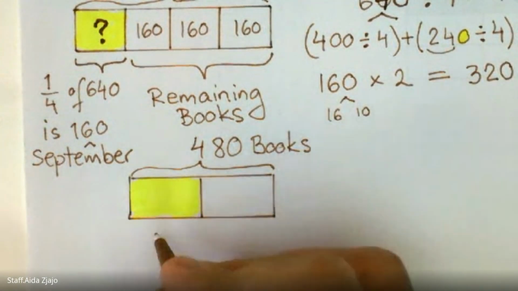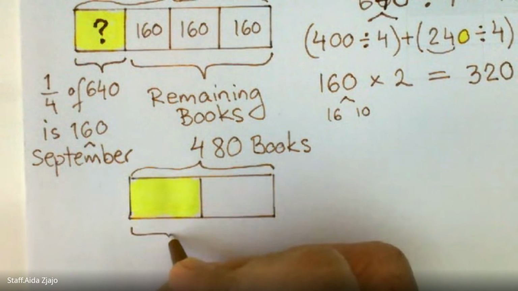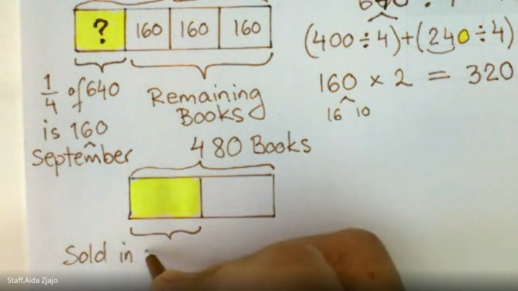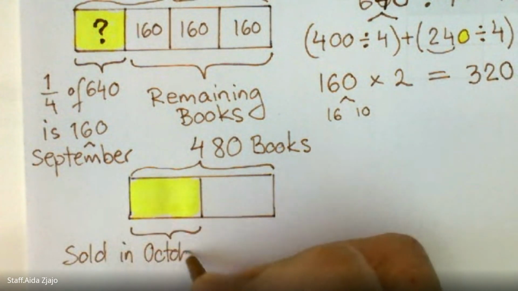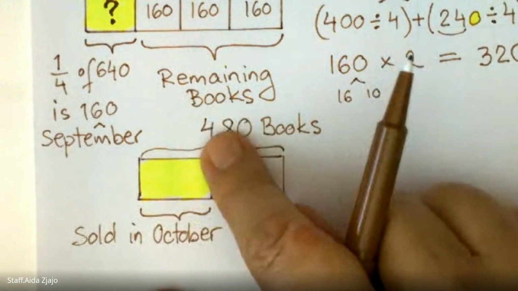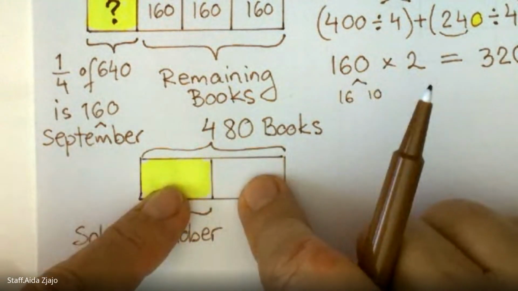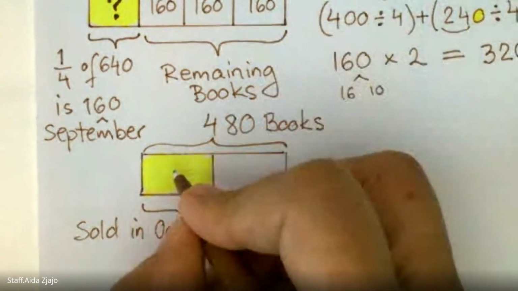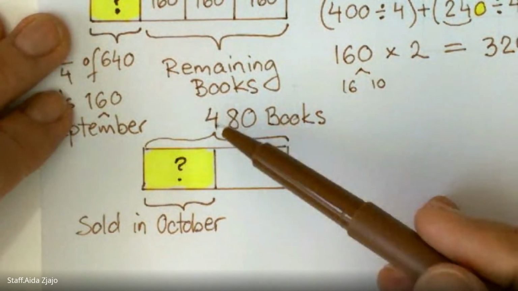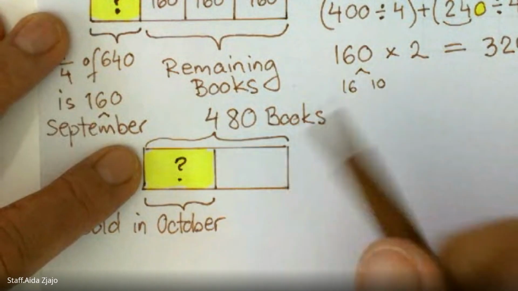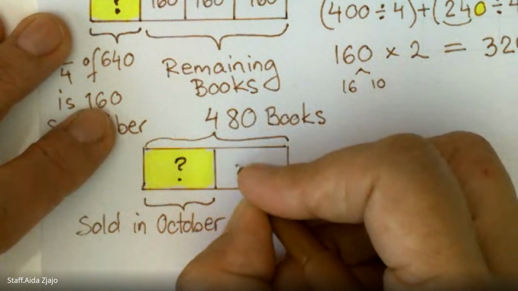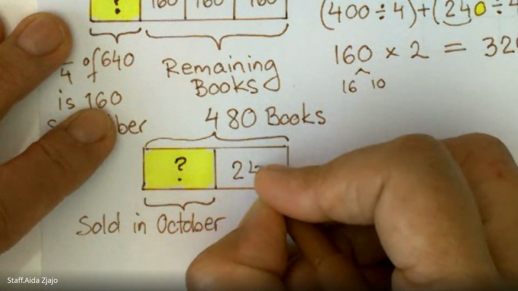We need to divide 480 into two parts. Half of 400 is 200, half of 80 is 40, so one half has to be 240.